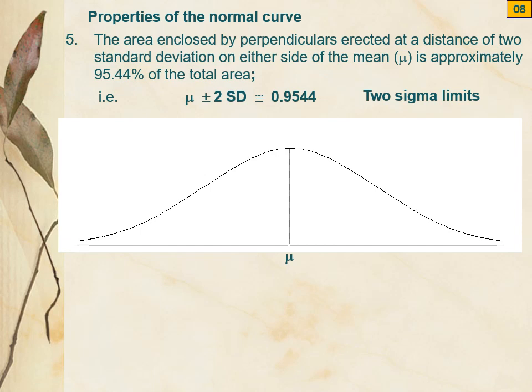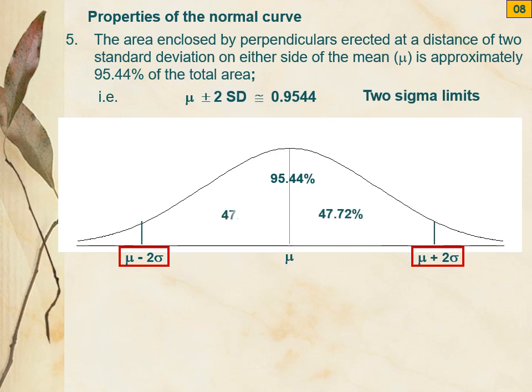What I mean is that if mu plus 2 sigma is here and mu minus 2 sigma is here, and you draw the perpendicular here, then the area between these two is 95.44%, because the curve is symmetric.